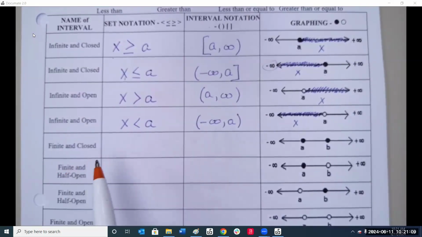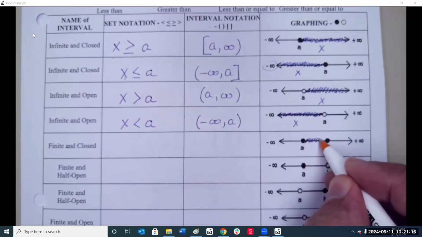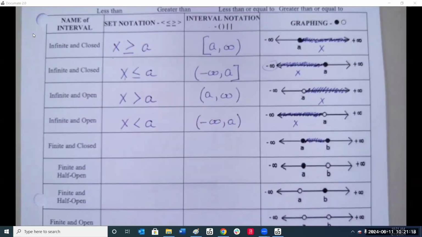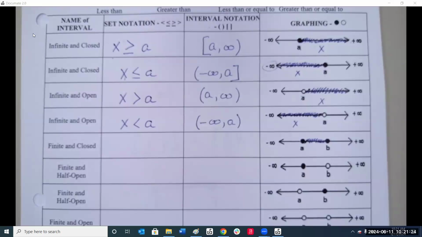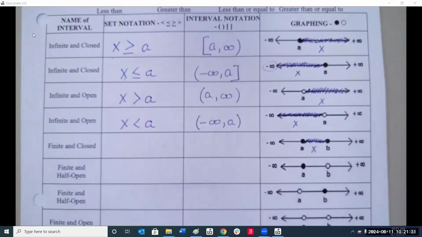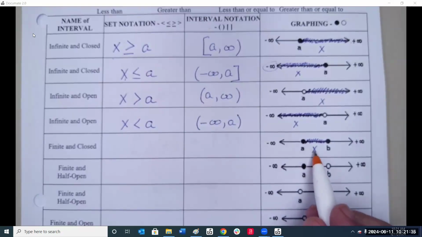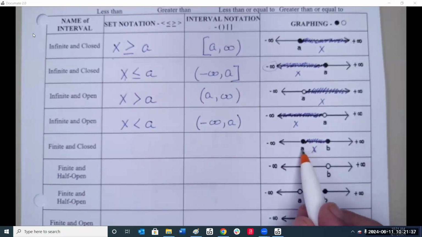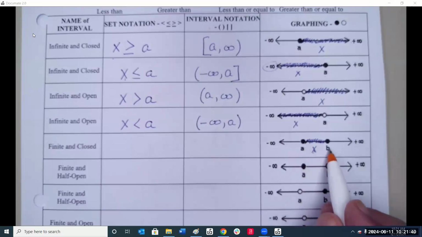The next set of examples we're going to use are called finite and closed. Finite means it begins and ends with a number, and they're closed because both ends are solid dots. Remember, whatever is shaded is my x. Two things are going on here. One, x is greater than or equal to a, but x is less than or equal to b.